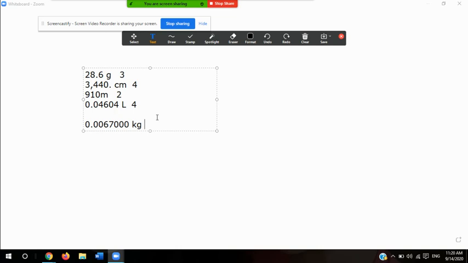Now, the third rule says that the last three zeros are significant because they are to the right of the decimal point. So 0.0, these zeros don't count, but these three zeros do because they're to the right of the decimal point. So we say that that one has five significant figures, okay? Five significant figures.